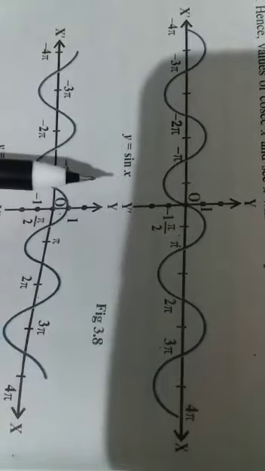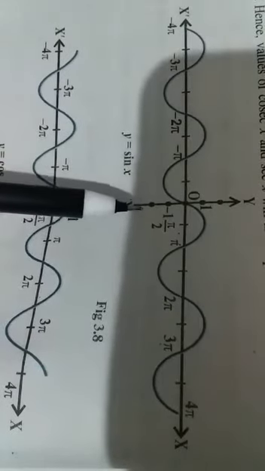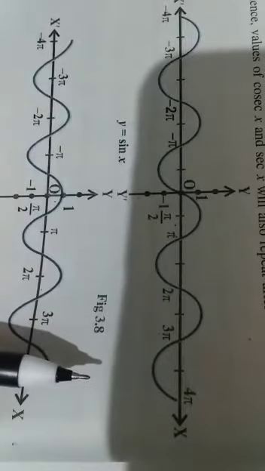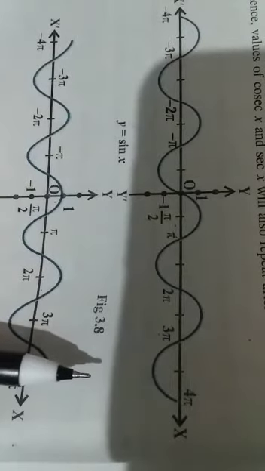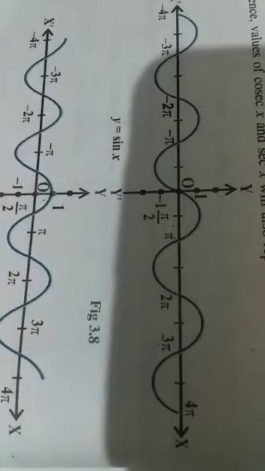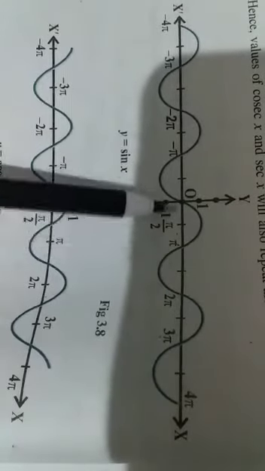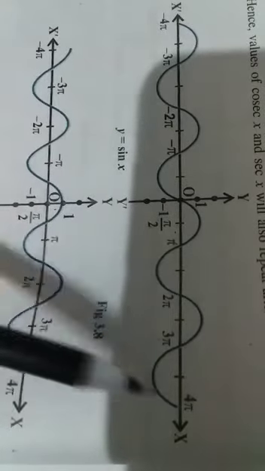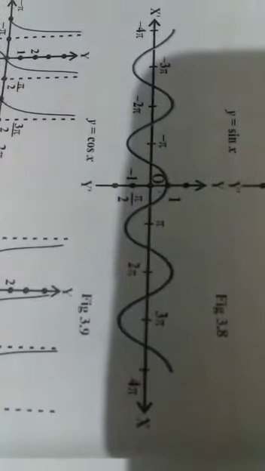See the graph of sin x. We know that the values of sin x and cos x repeat after an interval of 2 pi. Hence, the values of cosec x and sec x will also repeat after an interval of 2 pi. See here, it repeats after an interval of 2 pi. Now the graph of y is equal to cos x.